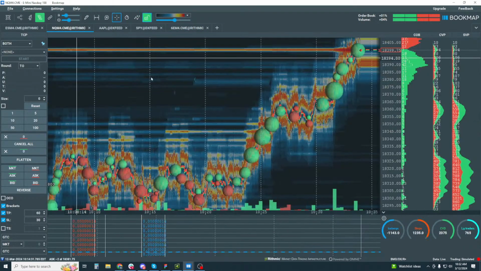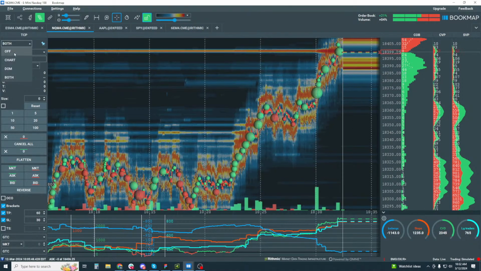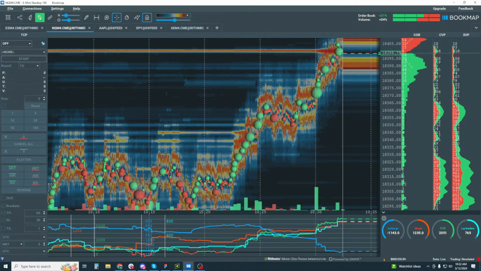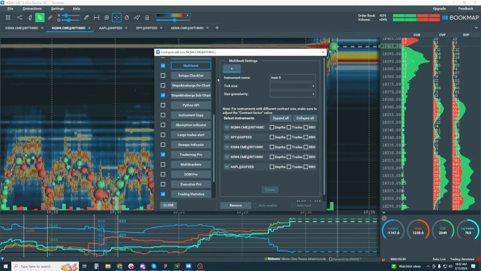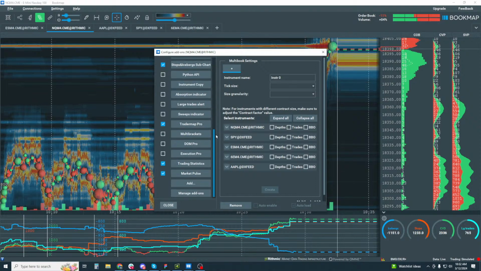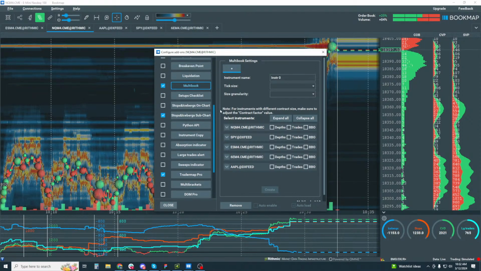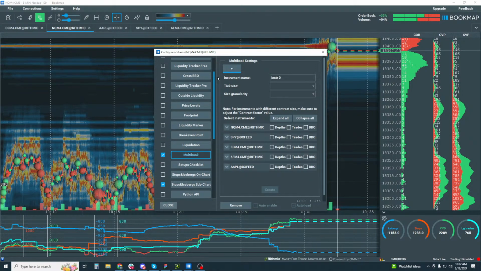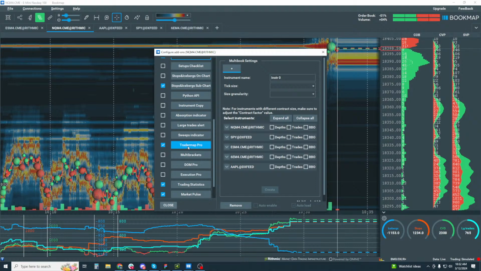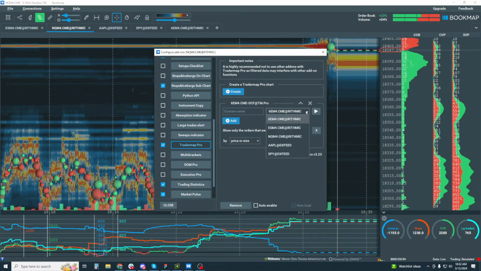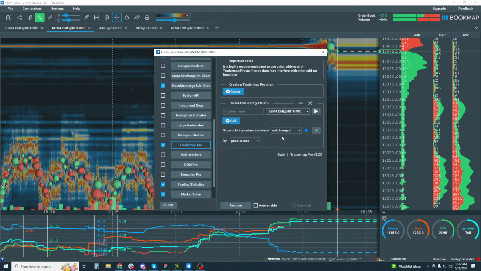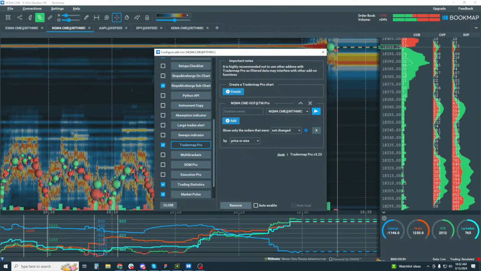Let's actually go to the NASDAQ and let's see. Trader Map Pro was down here. Here we go. Okay. And we'll just flip this over to NASDAQ right there.